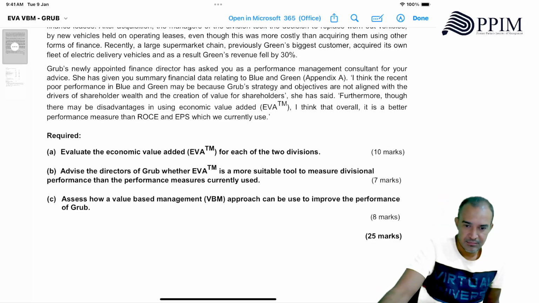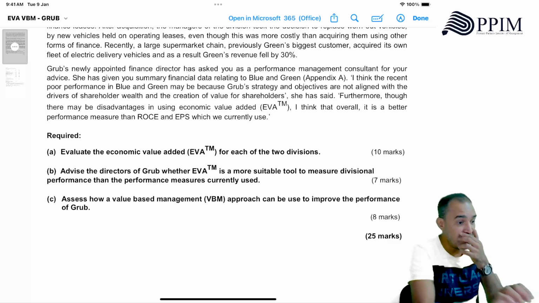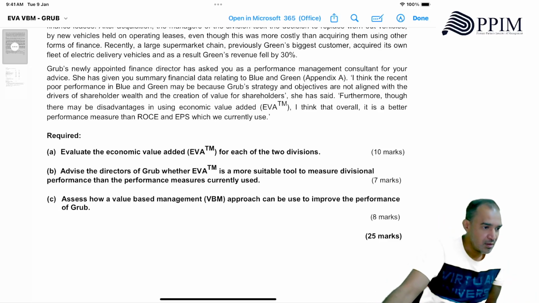EVA is considered to be a superior measure in identifying shareholder value or shareholder wealth, compared to any other technique.